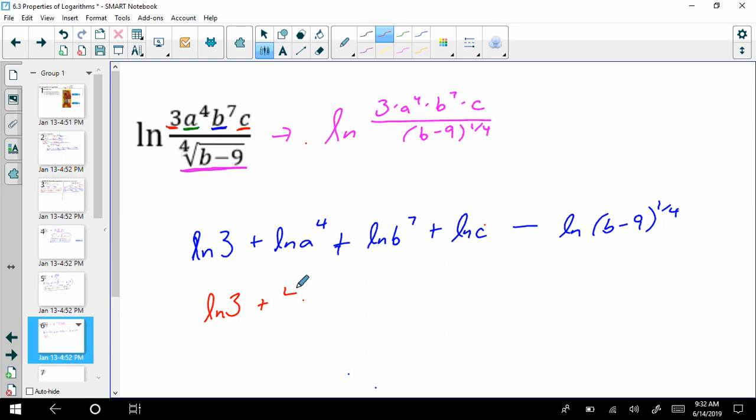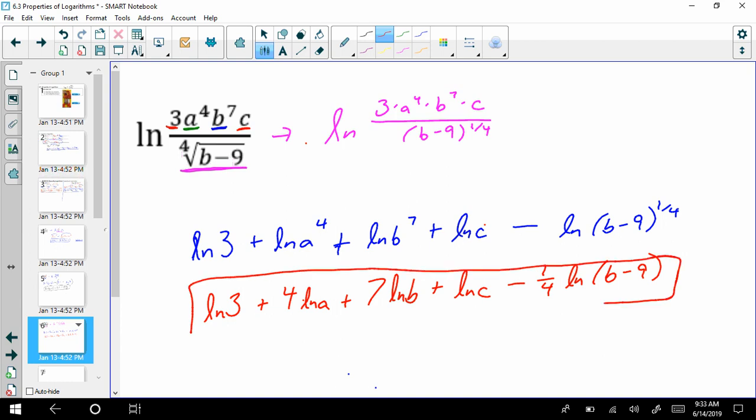The next one, though, should be 4 natural log a. Next one, 7 natural log b. Natural log c. The last one, minus 1/4 natural log b minus 9. So this is an extremely long answer.